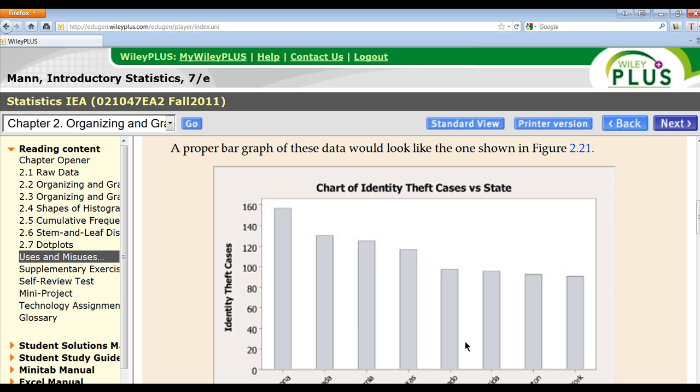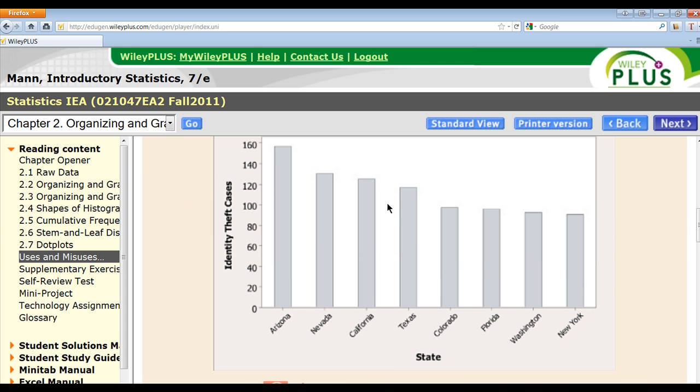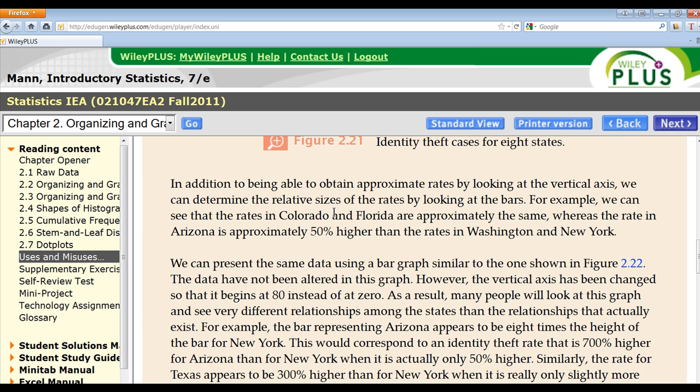Now let's make a bar graph, not a histogram, sorry, a bar graph of this data, and we get this. Arizona is the highest, and so on. In addition to being able to obtain approximate rates by looking at the vertical axis, such as Arizona just under 160 per thousand and this one about 130 per thousand, we can determine the relative size of the rates by looking at the bars.